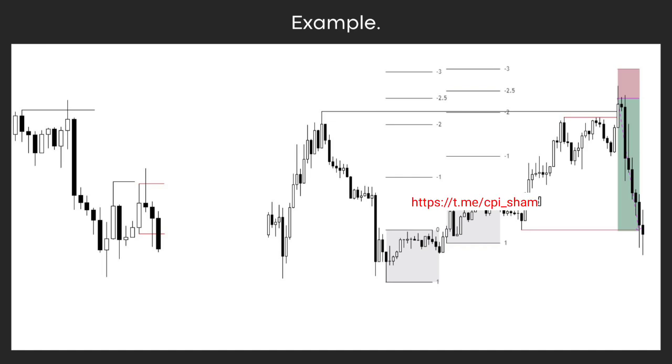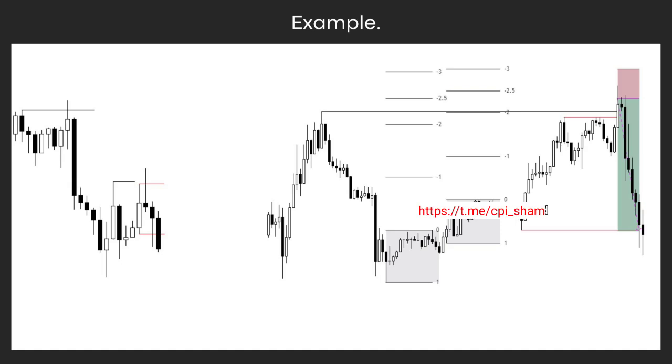On the lower time frame, you can see that first of all we've got the CBDR, or the central bank dealers range, and along with that we've got this Asian range. What I've done here is mark out the standard deviations of both ranges.